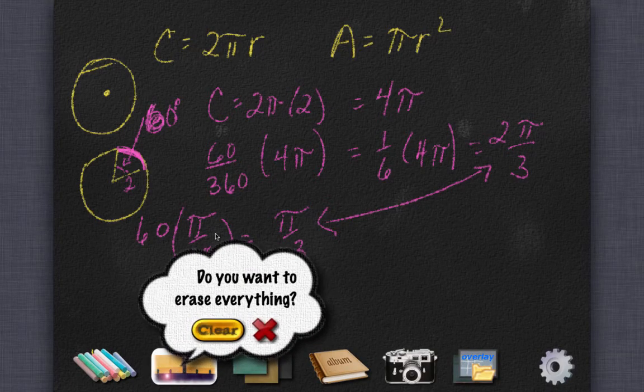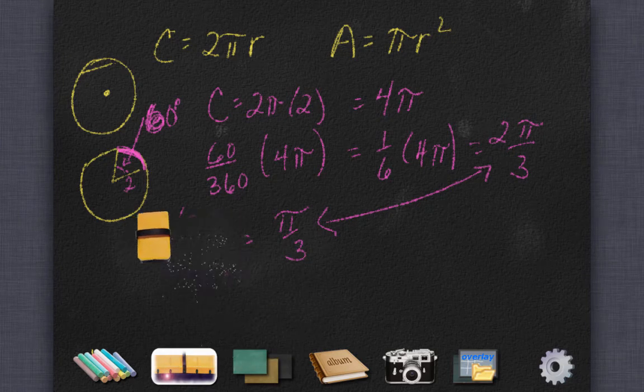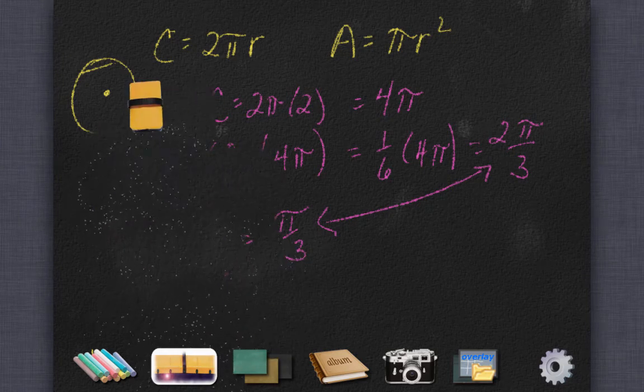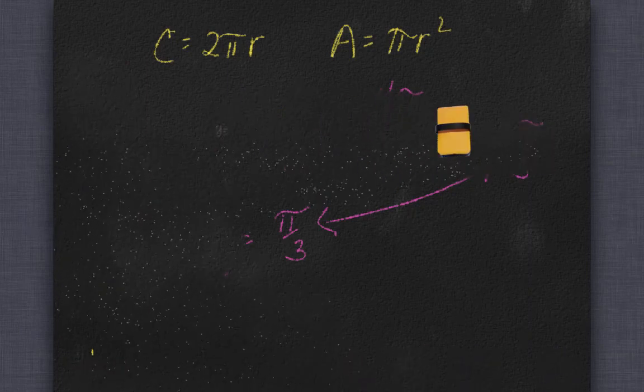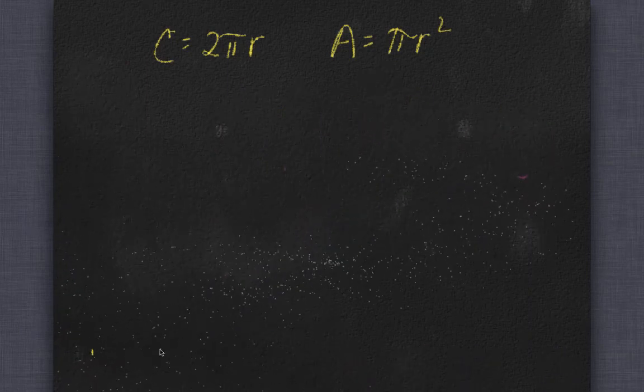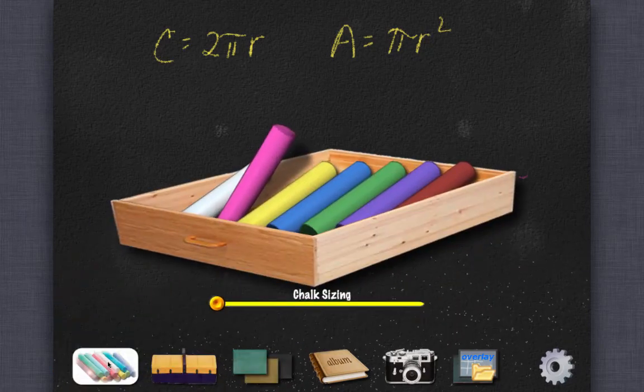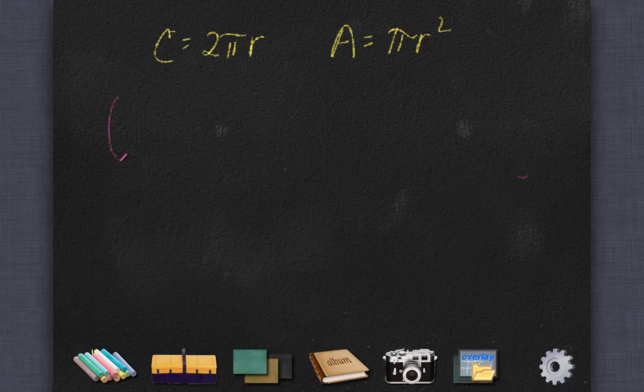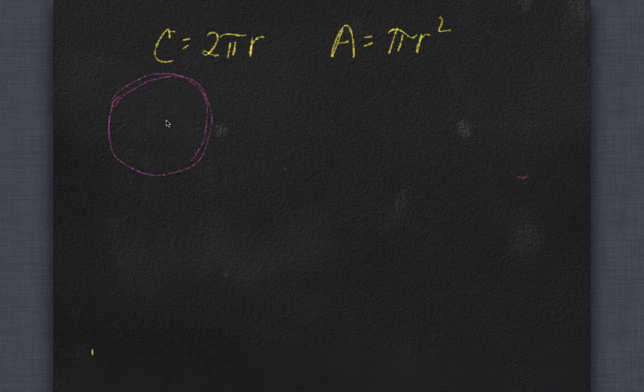So if I have another circle, and let's say this time the radius is 5. And let's say this time I get 120 degrees.